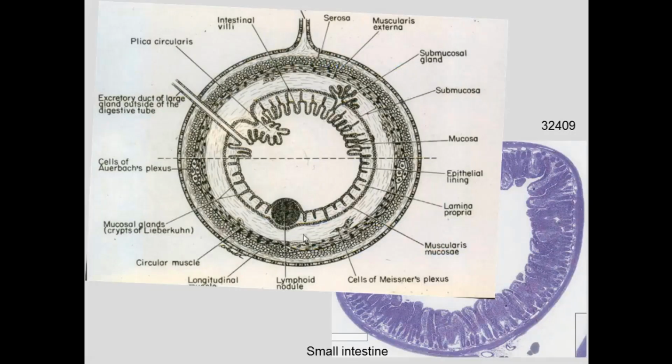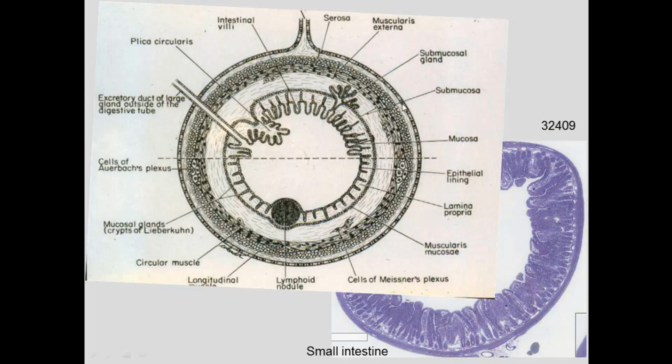Now, if you see the tube of the GI tract, we can start out with the mucosa, which is this thick portion here, composed of the epithelium on the surface, the lamina propria supporting connective tissue, and the muscularis mucosa. All these together make the mucosa, or the mucous membrane, as some might say.